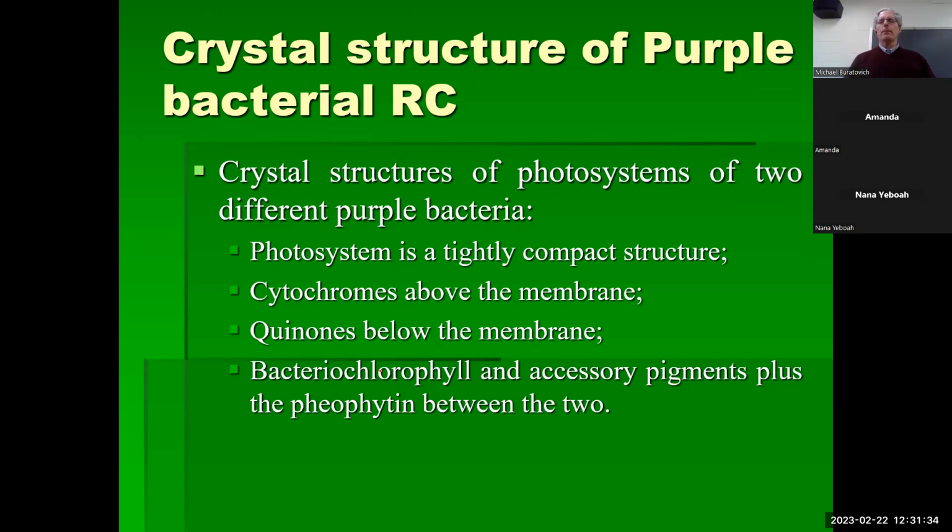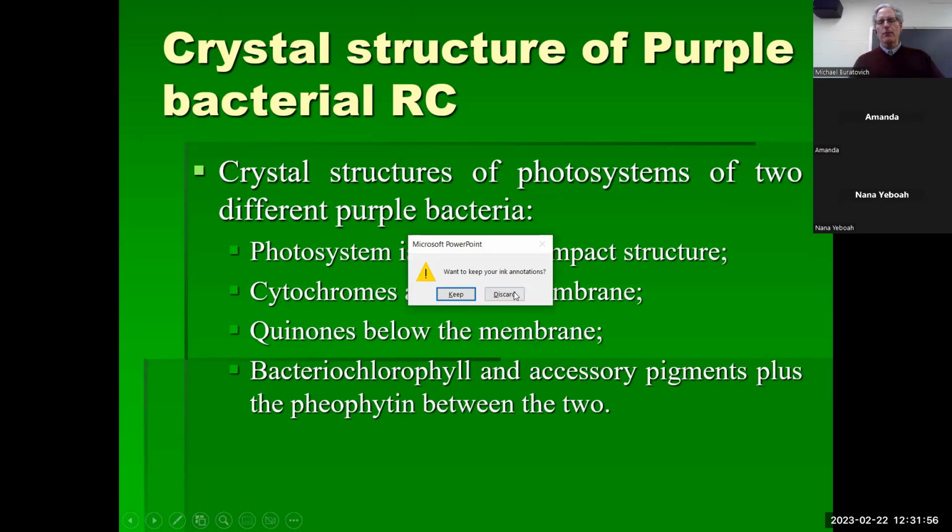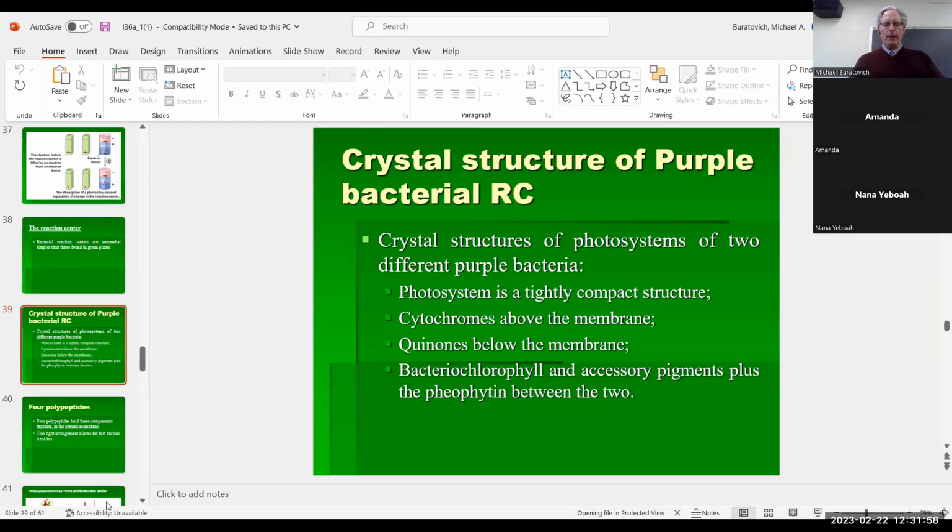Now, the purple bacteria, to give you an idea of the types of photosynthetic bacteria, the three main ones are the purple bacteria, the green bacteria, and the blue-green bacteria. And if we use our makeshift blackboard here, we can go to our camera.